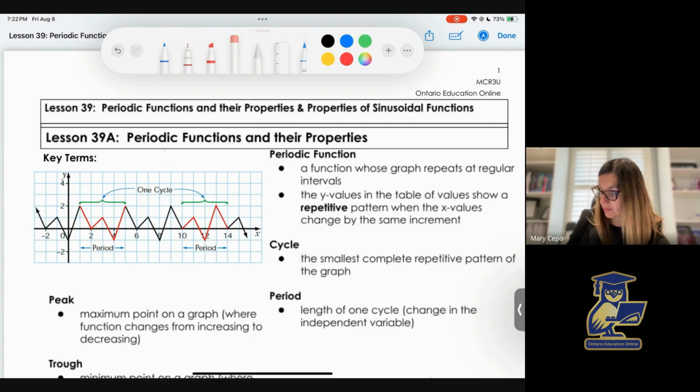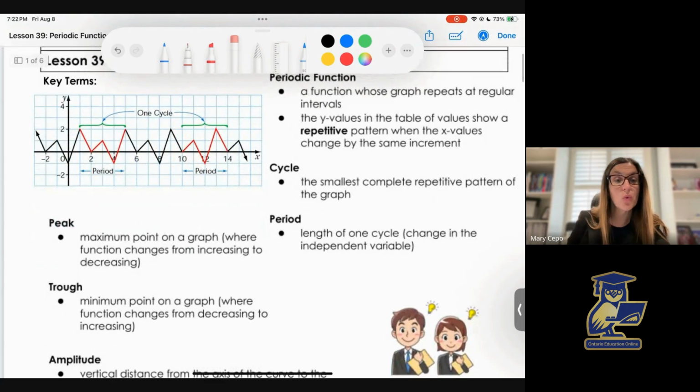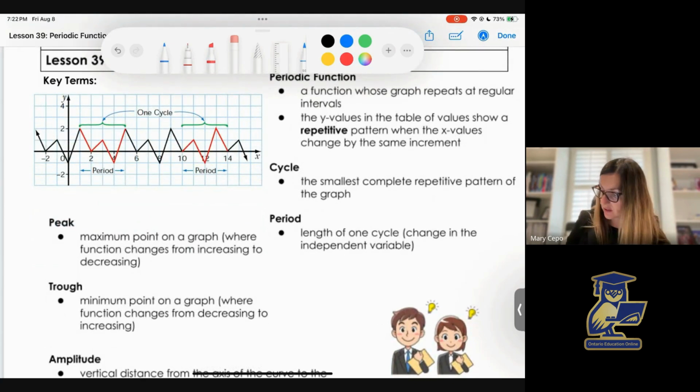Now, the peak is always the maximum point on a graph where the function changes from increasing to decreasing. In our example here, our maximum looks to be at 2. So that's your maximum, that would be your peak.